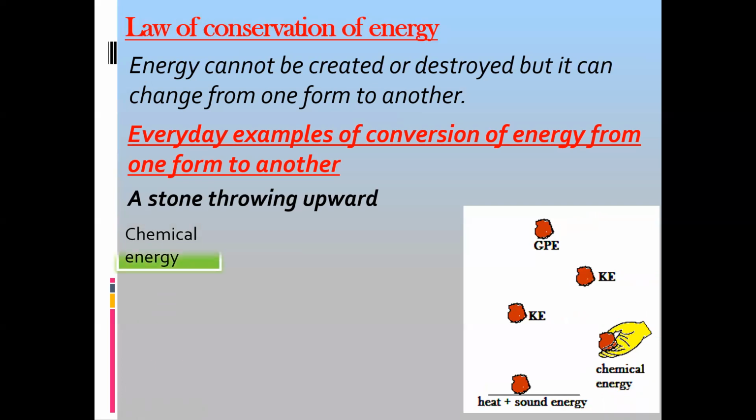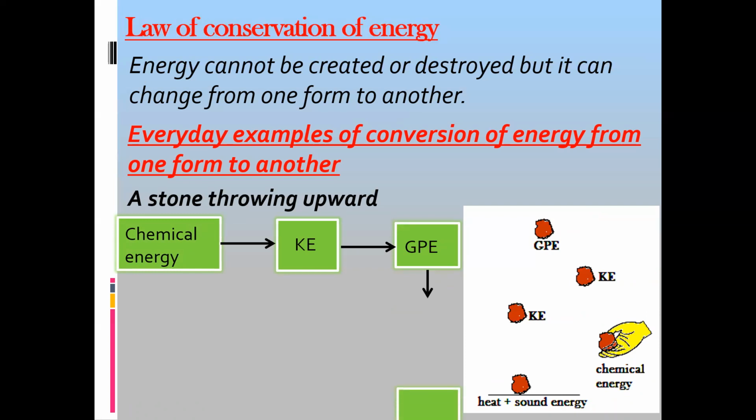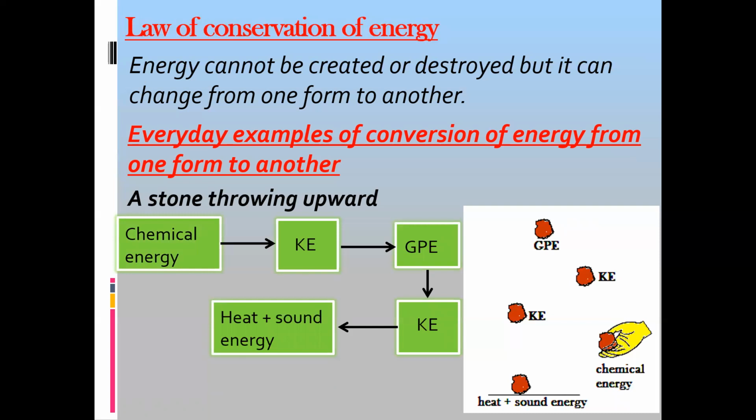So first there is chemical energy, then transformed into kinetic as we move, then transformed into potential, then again transformed into kinetic, and then it produced heat and sound. Is it clear? This is an example of conversion of energy, the energy changing from one form to another.